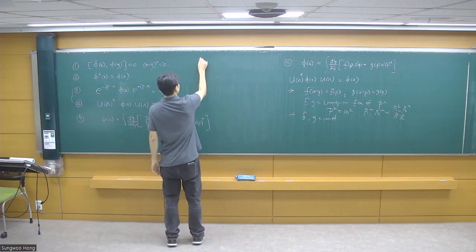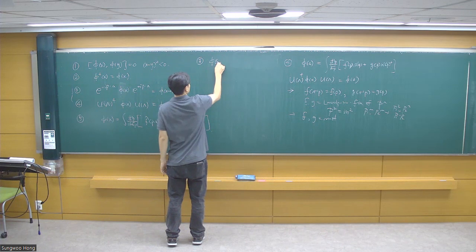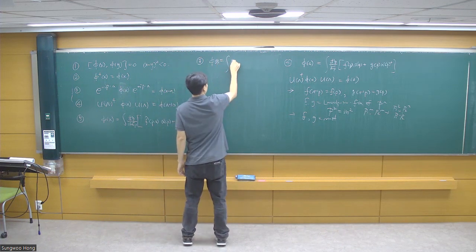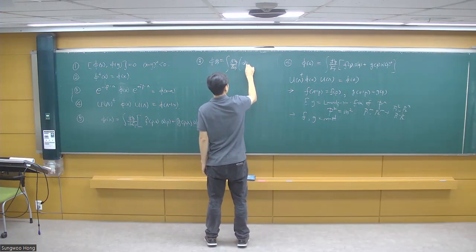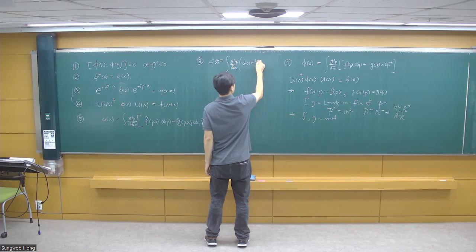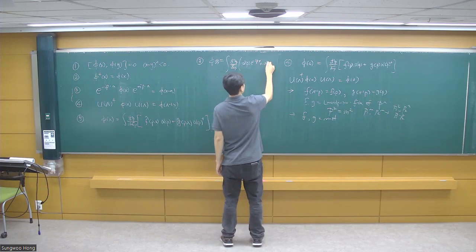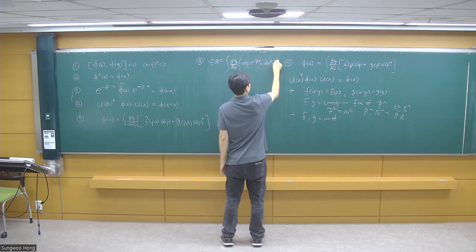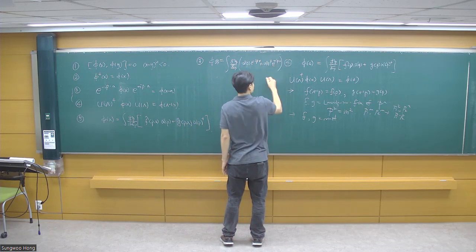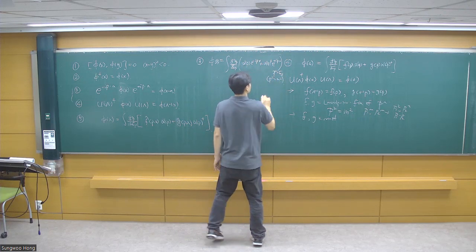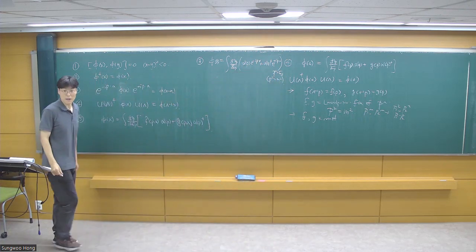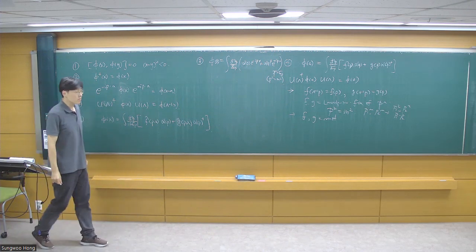Reading that suggests that phi should take the form of this, and then let me write minus i p dot x plus alpha v whatever plus, with p0 equal to the on-shell energy, or equivalently p squared equal to m squared, meaning on the mass shell. That's all I'm saying.